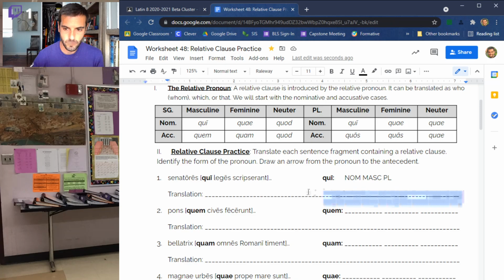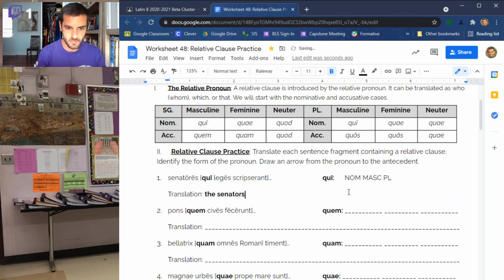So for our translation, since we don't have a complete sentence, we'll just say the senators who, leges is in the accusative, and my verb there is scripserunt. The senators who, who had, pluperfect, read the laws.